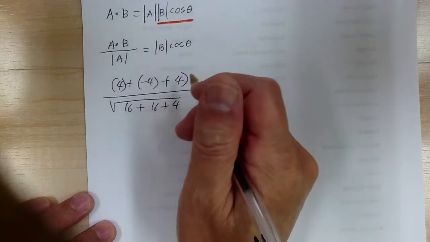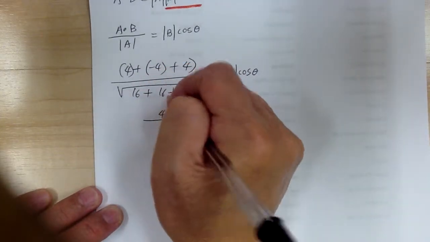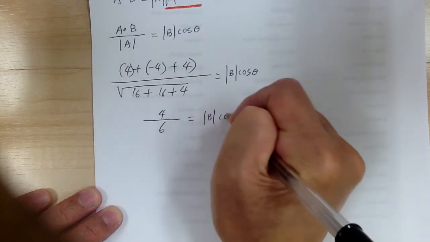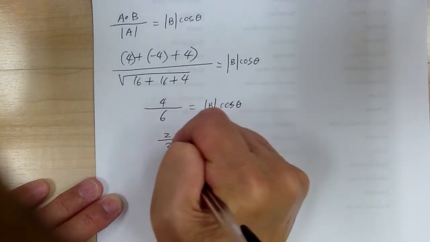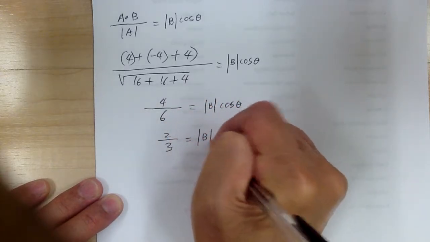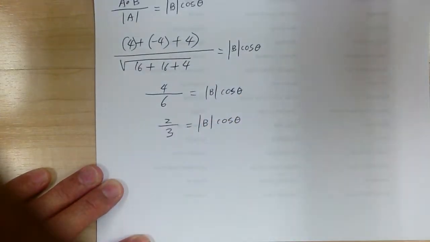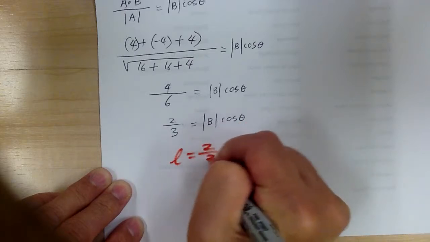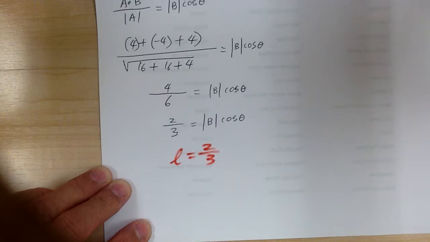So go and work it out. You're going to get 4 over the square root of 36, which gives you 6. And then you simplify, so you're going to get 2/3 equal to B cosine theta. So in other words, the length equals 2 over 3.